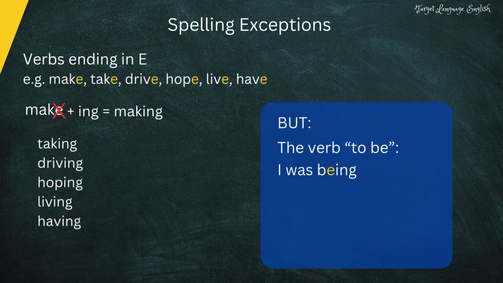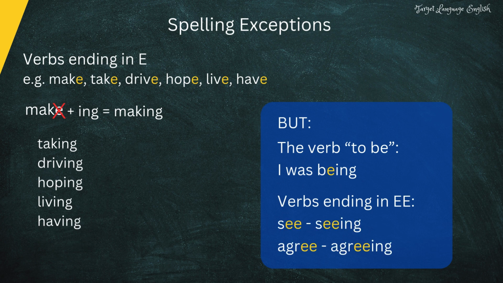But when the main verb is the verb be, as in I was being, we do not remove the final E. We also do not remove the final E with verbs ending in double E, like see, seeing, agree, agreeing. Both of these verbs kept the double E.